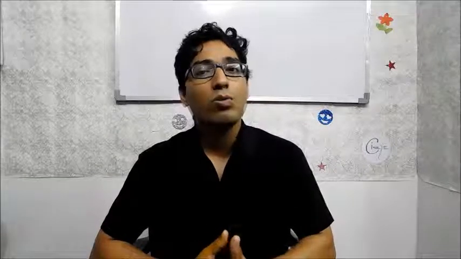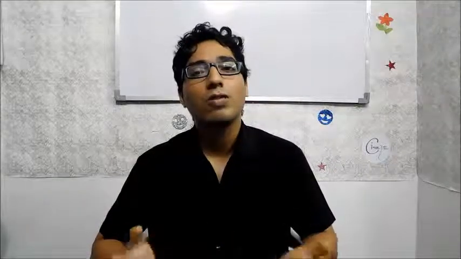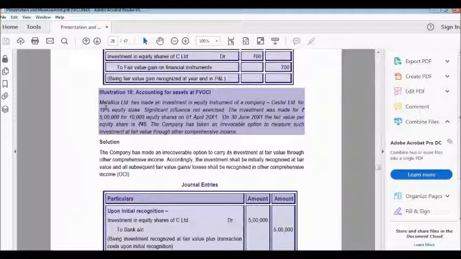So let me just give you an example of how the fair value through other comprehensive income will actually work. In this example, Metallic Limited has made an investment in equity instruments of a company, Castor Limited, for a 19% equity stake. Significant influence is not exercised.